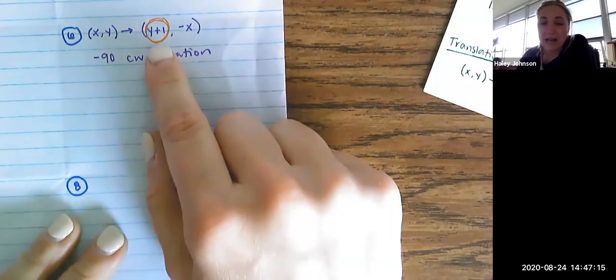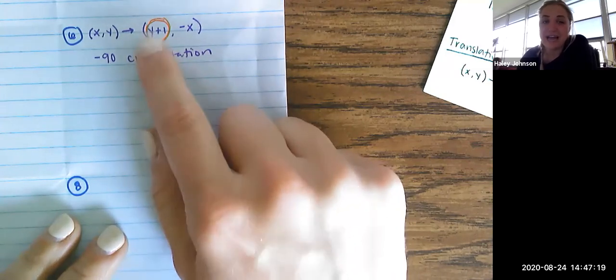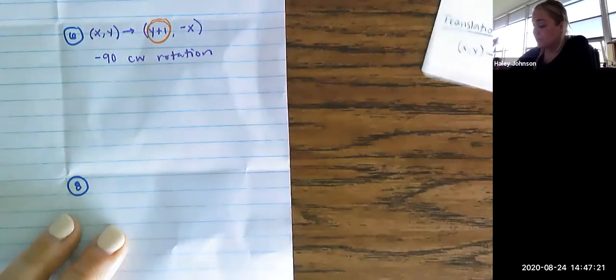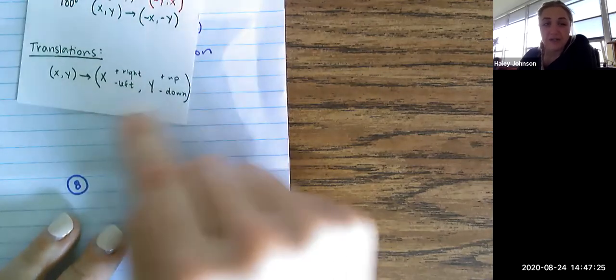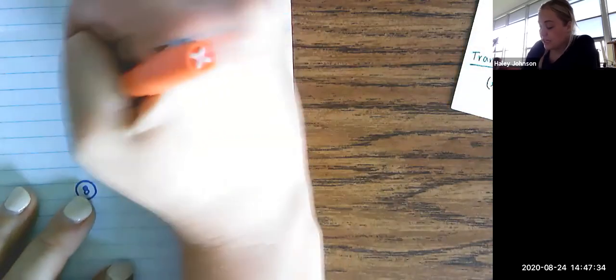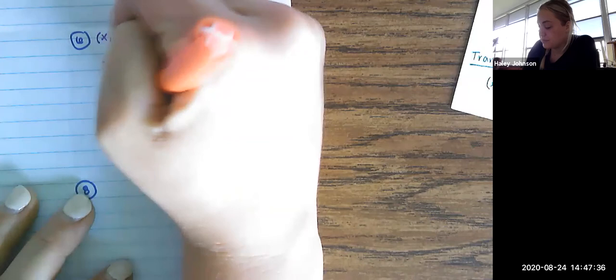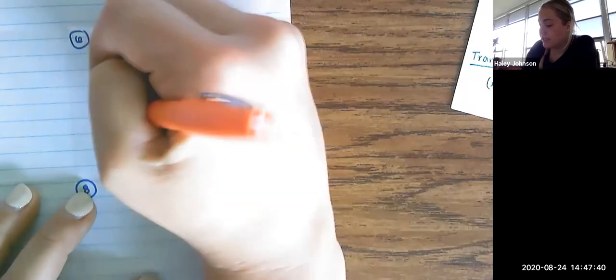So when it says y plus 1 here, it's saying the x position is adding 1 because x's typically come first. So we're not looking at the letter necessarily because the letters got switched around. We are looking at the position, and since there is a plus 1 there, that needs to go to the right 1 space. So we will say translate 1 space right.